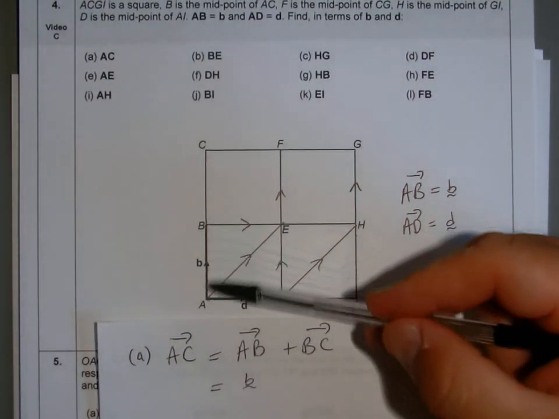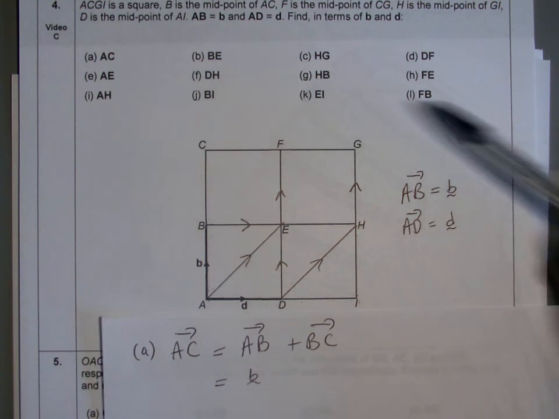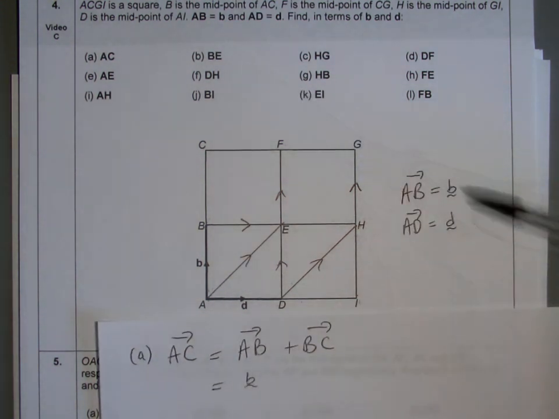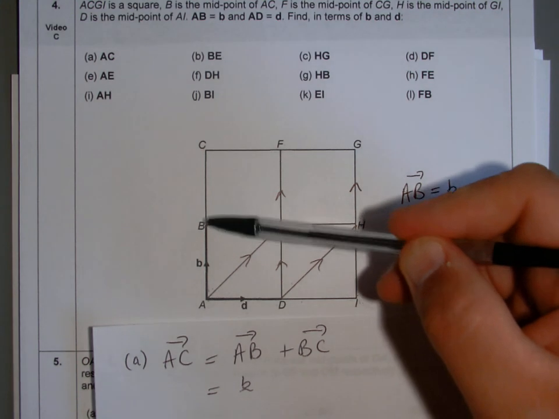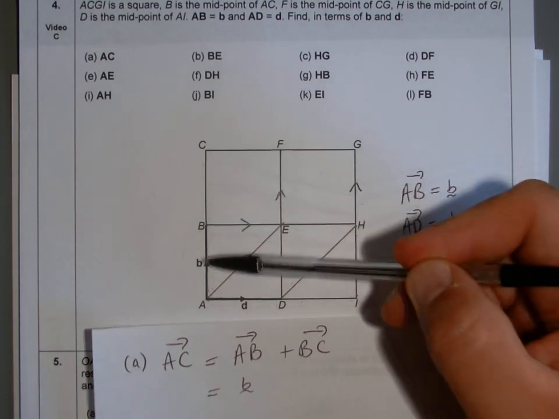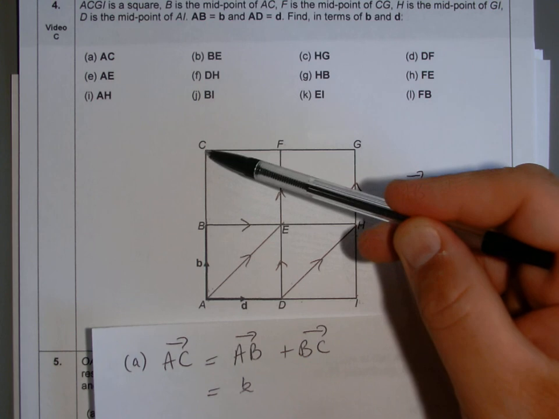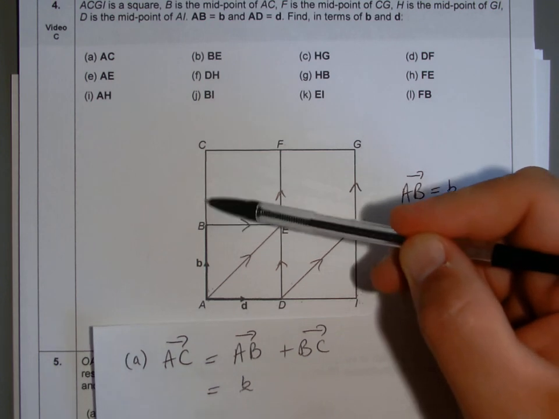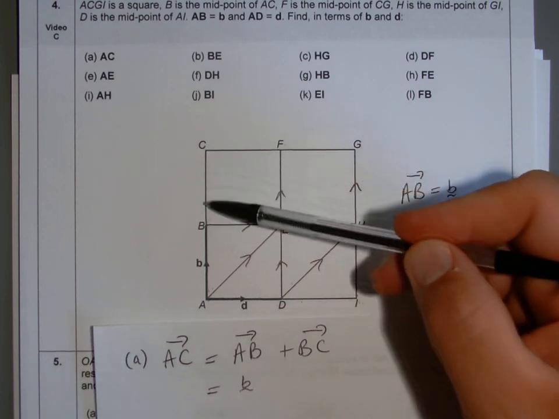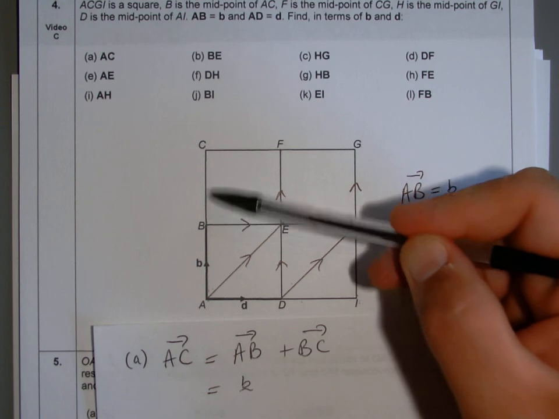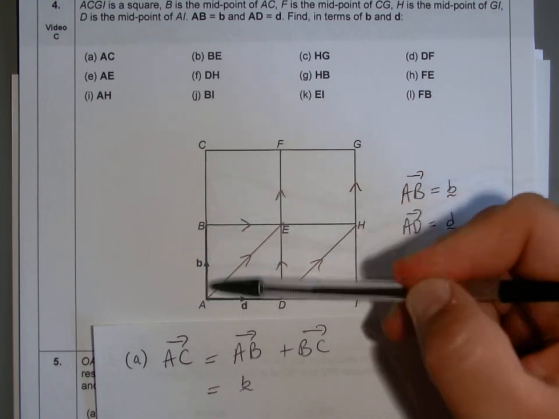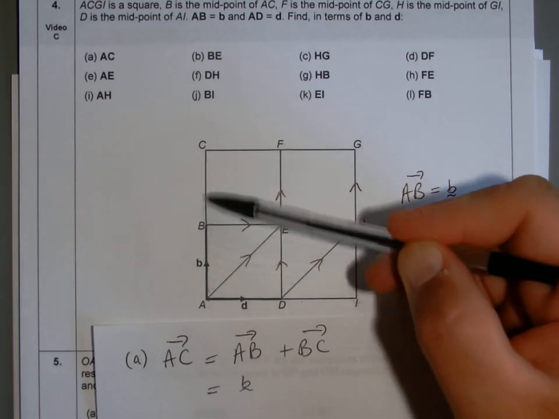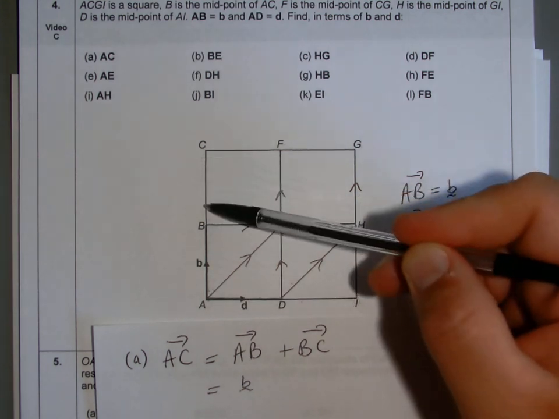It's the bolded line here, that vector, and they tell us in the question as well, it's up there and I've written them here. So we know that's little b, but you know what, BC is actually going to be the same vector, isn't it, if you think about it, because not only is it going in the same direction, because it's part of the square and it's vertical, just like this is vertical, but it's also the same size, isn't it?